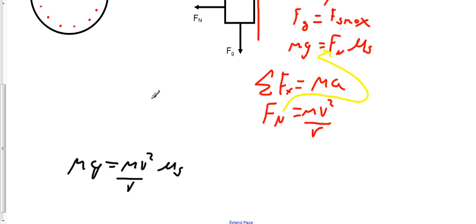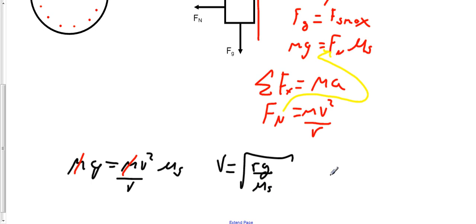And again, notice something pretty neat here. The masses cancel out. So it doesn't matter how big or small a person is on this ride. The minimum speed is the same, and that's something good for ride designers because they don't have to tell the people, okay, if there's large people, spin it faster, and if there's skinny people, spin it slower. So that kind of makes sense. I'll leave some rearranging to you here, but I'm getting for v the square root of rg over mu s.